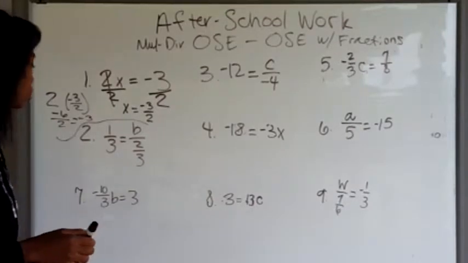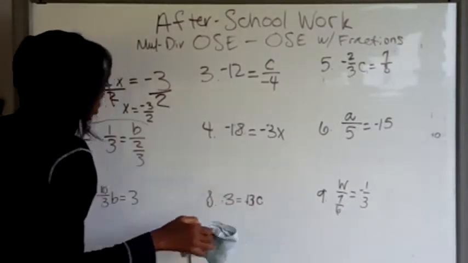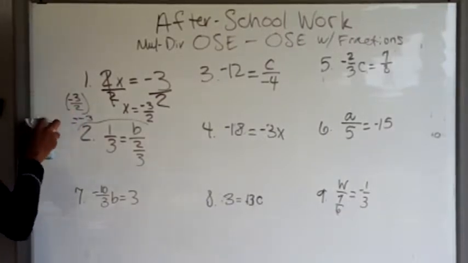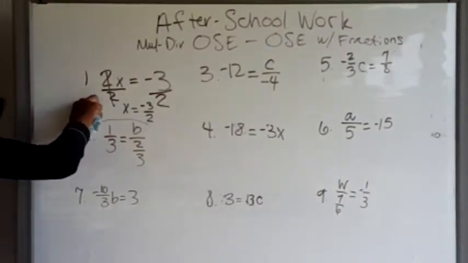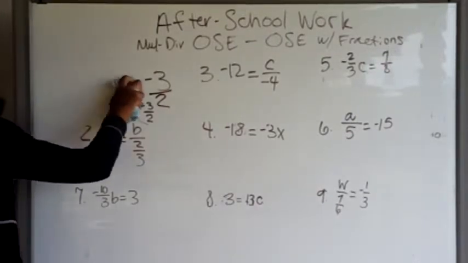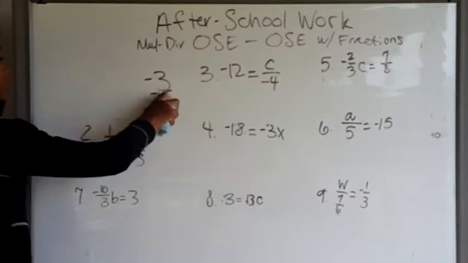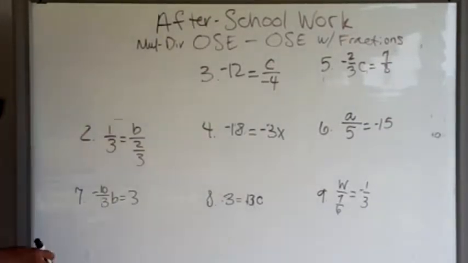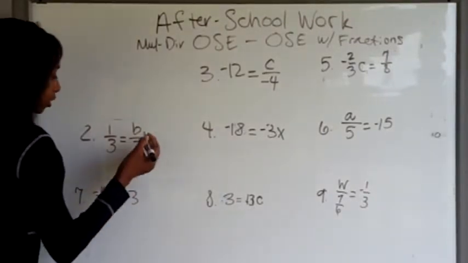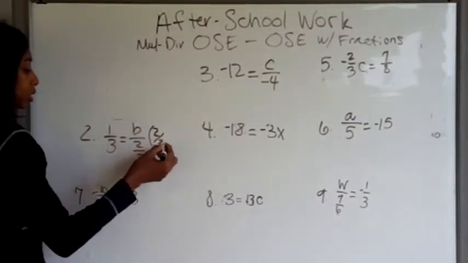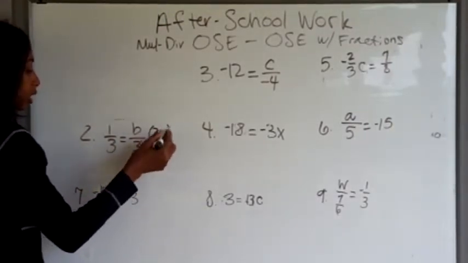Alright, for number 2, we have 2/3 equals b over 2/3. So to get the variable alone, we're going to multiply by 2/3. And those cancel out.